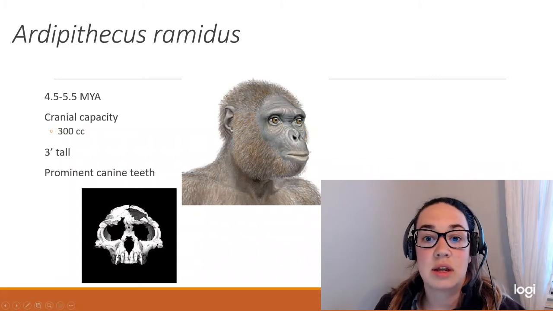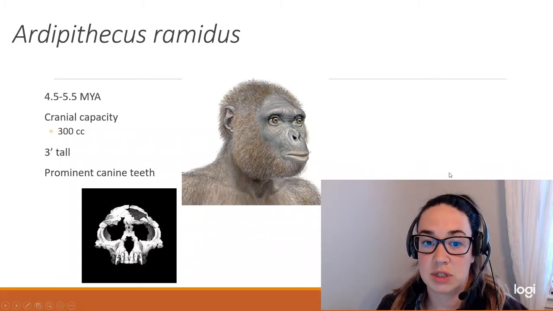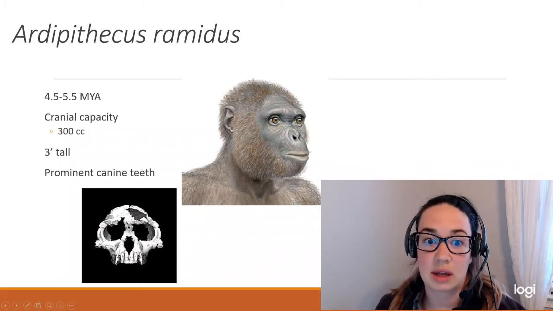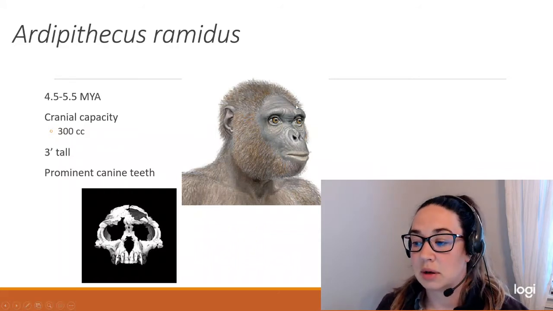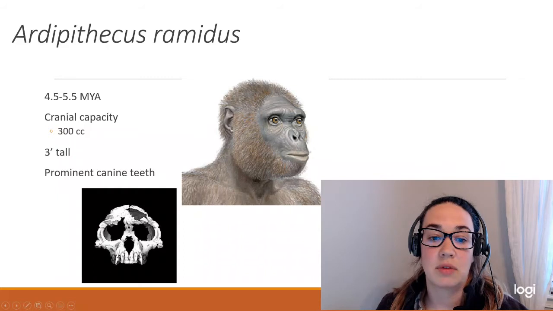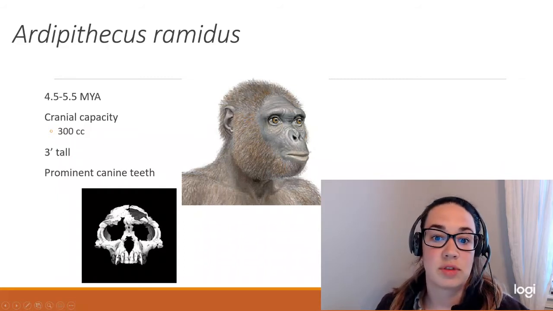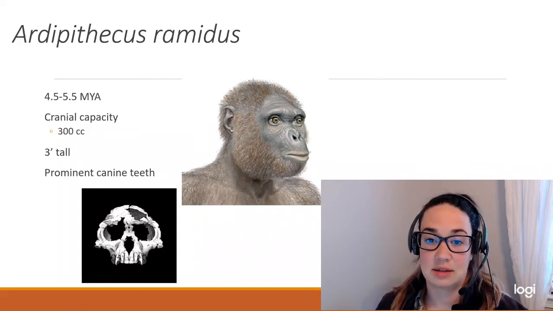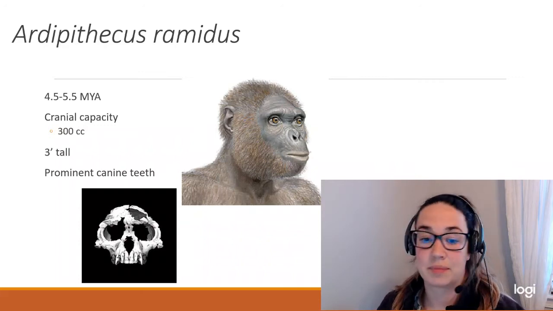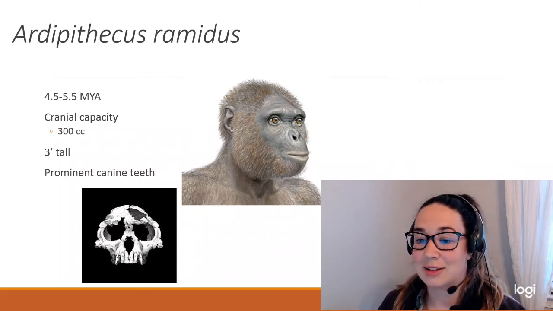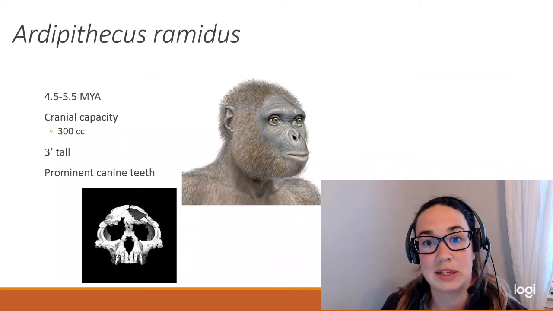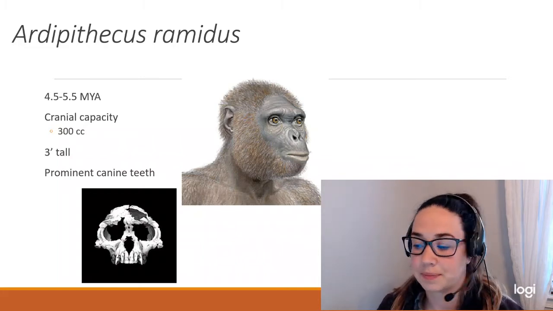You can see the cranial capacity of this particular species is increasing. Now we're at 300 cc's, and this ape is about 3 feet tall. One of the notable features for Ardipithecus ramidus is prominent canine teeth; the canine teeth in this species are very pronounced.